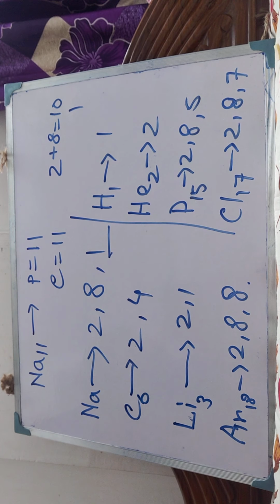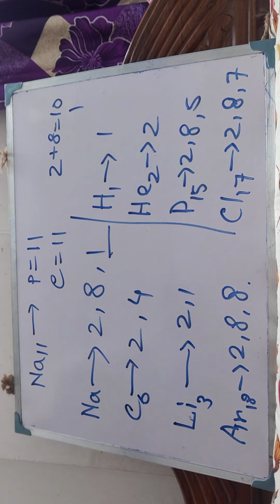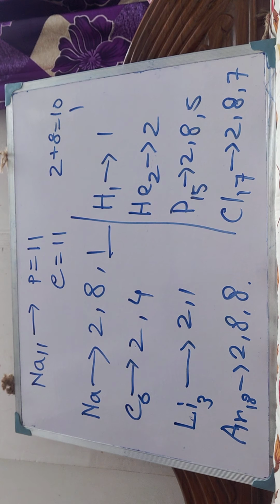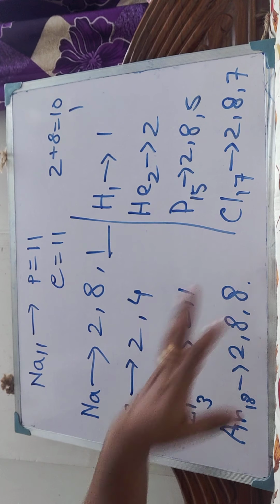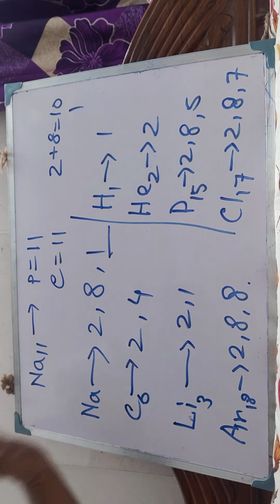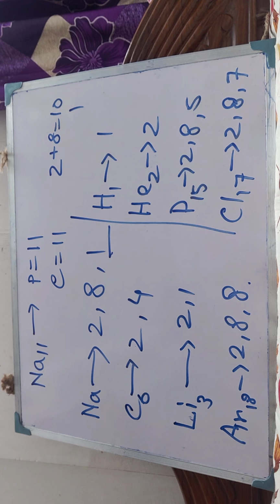And now we are going to learn how valencies are calculated from this. Let me tell you, if an element has 1, 2, 3 or 4 electrons at its outermost shell, meaning the last shell, it may be the second shell, the third shell, or even the seventh shell.